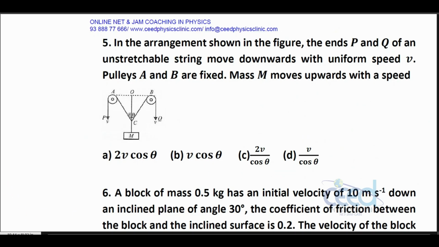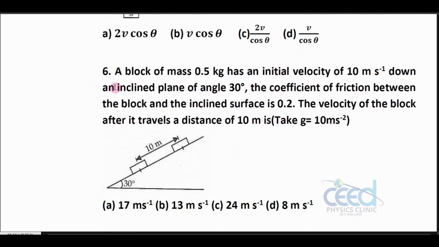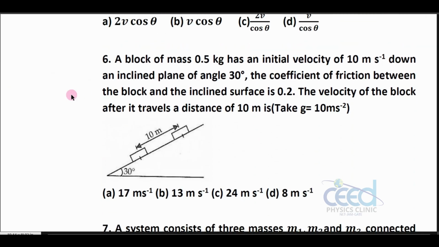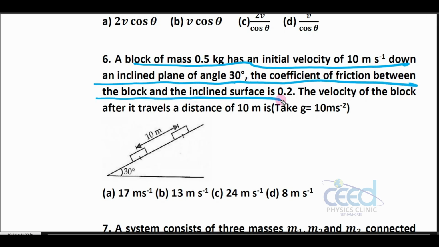All right, now let us go to another question. A block of mass 0.5 kg has an initial velocity of 10 meter per second down an inclined plane of angle 30 degree. The coefficient of friction between the block and the inclined surface is 0.2. Find the velocity of the block after it travels a distance of 10 meters.